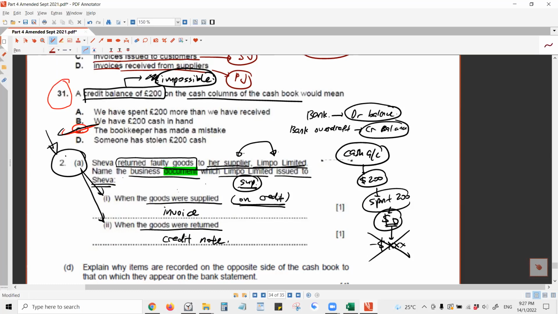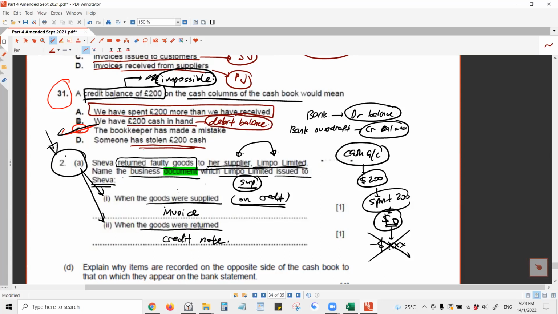Why the answer is not A? Because this is not possible. Spending more than what you have for cash is not possible. We have $200 cash in hand. If the question says it's a debit balance, that means you have cash. Someone has stolen $200 cash?